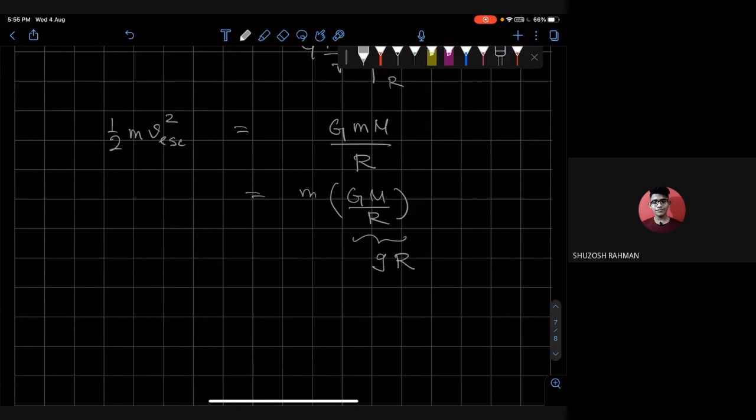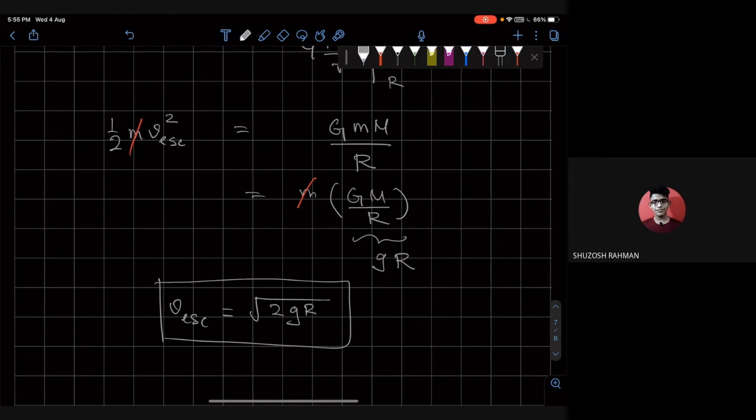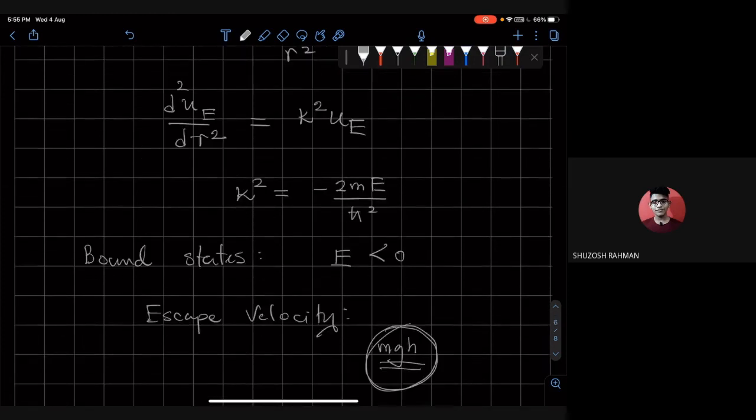Anyway, I made some mistake, but what we will do is that we basically have to cancel m from both sides, and then we get v escape is going to be the square root of 2GR, I think. Okay, so why were we doing this?